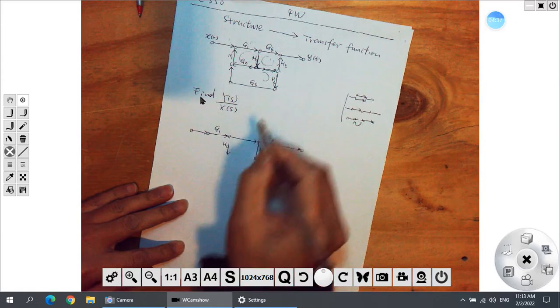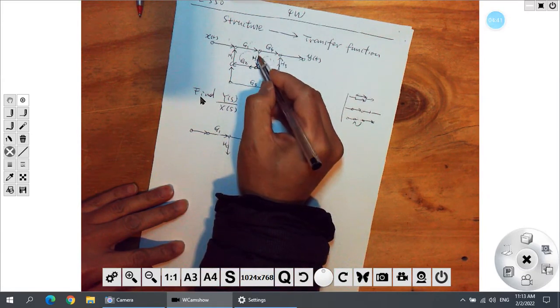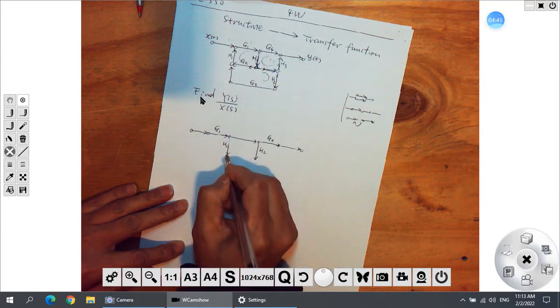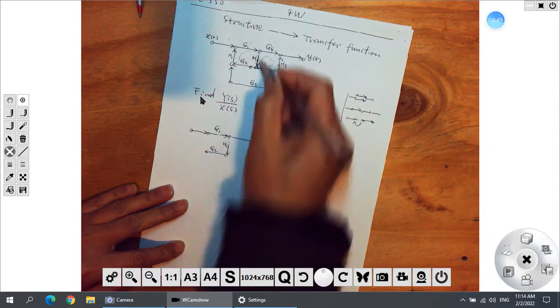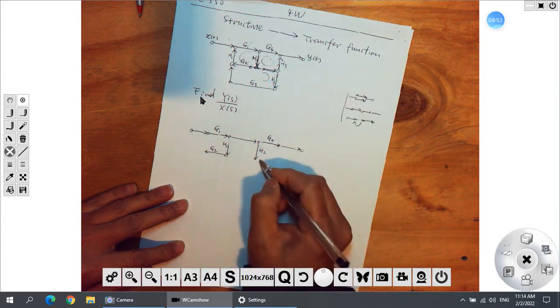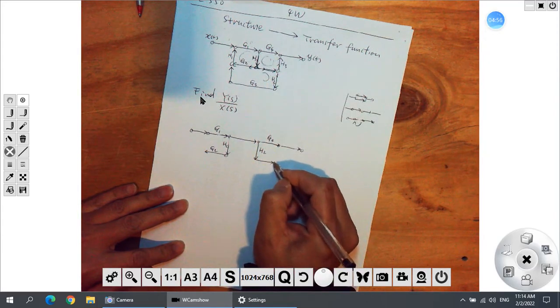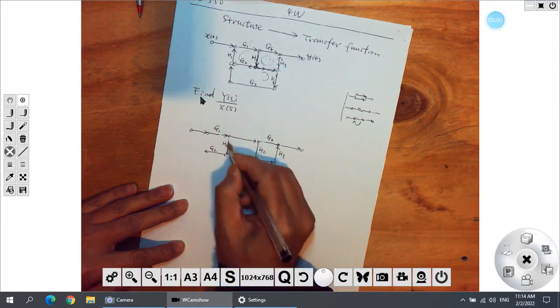You can imagine the signal goes here, separates going down, then you have H2, then goes to here, then separates. Now I go here. This is G2, H2 G2. And the other side is H2 going to here, H3, right? The same thing.